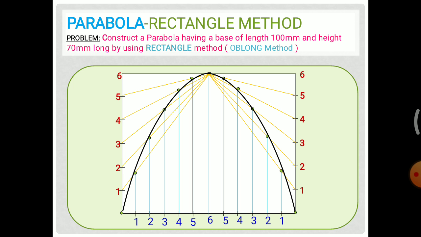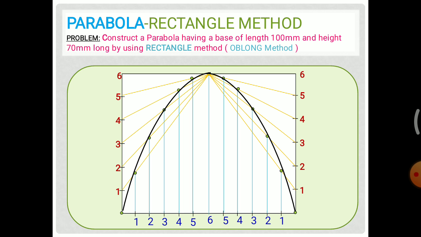So first of all, we have to take the length as the horizontal line and the height as the vertical line, and then divide the rectangle into two parts, half on the left side and half on the right side, and divide the vertical line into equal parts.